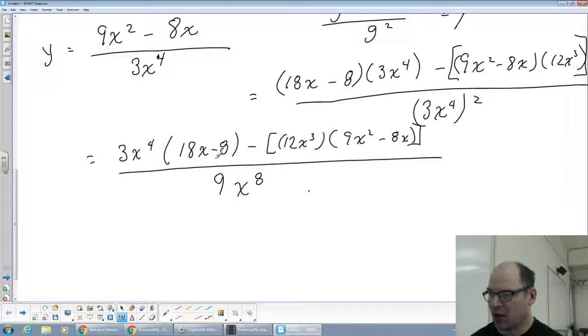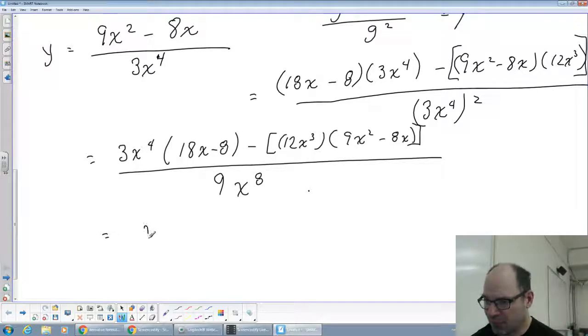We can take out a common factor of 3, 3, and 3. Remember, this is one term, this is one term, and this is one term, so we have to divide out everything because of this minus in there. So we're going to take out 3, and 3x's, 3x's, and 3x's.